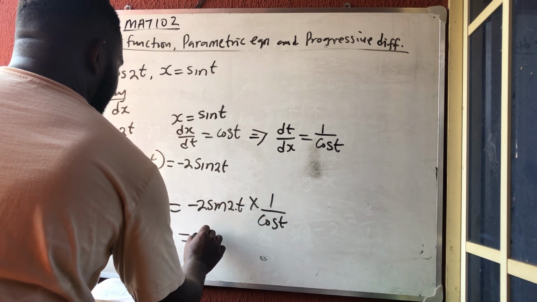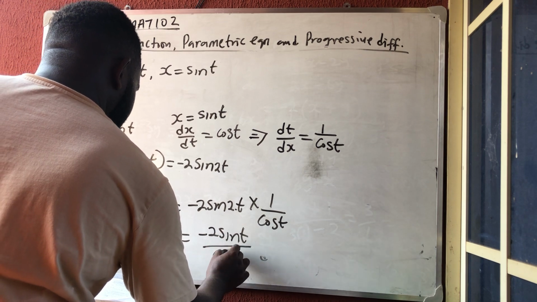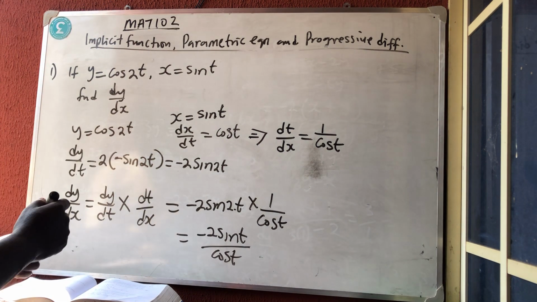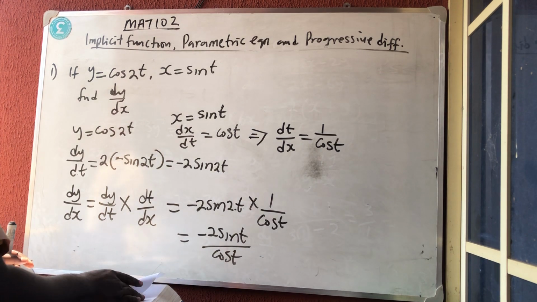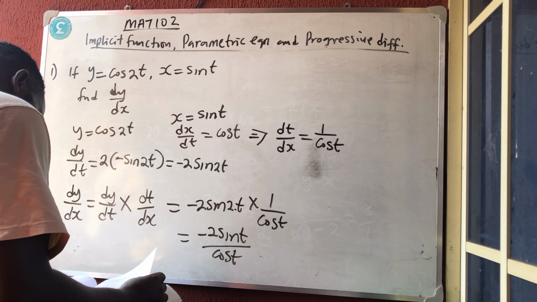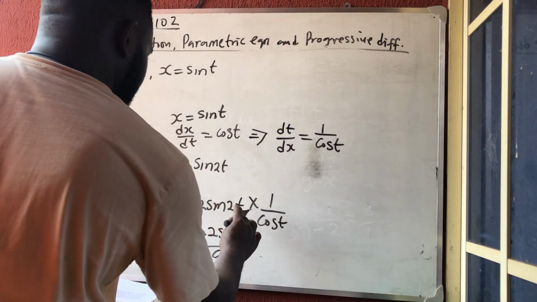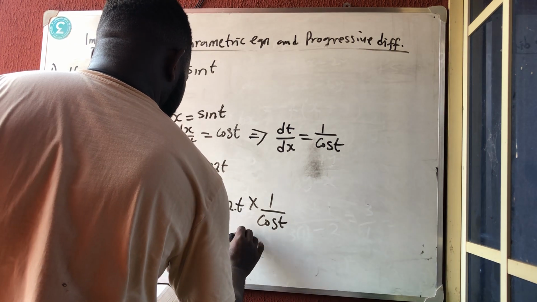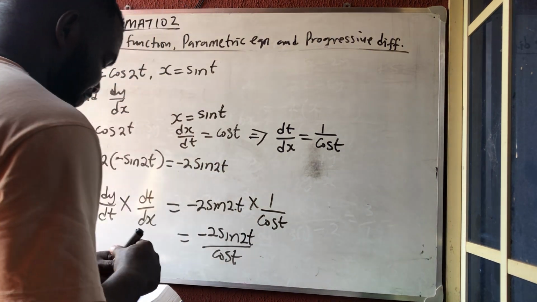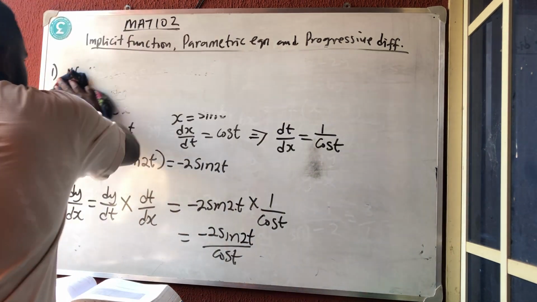We are having minus 2 sine t over cos t. Maybe you may not understand. Let me give another example so that you will understand.